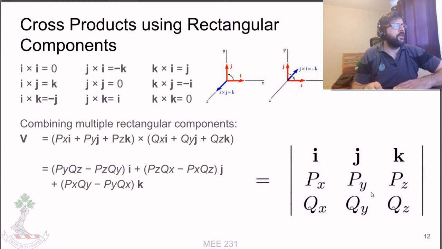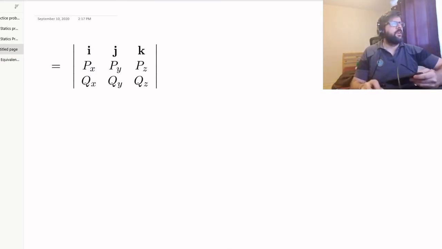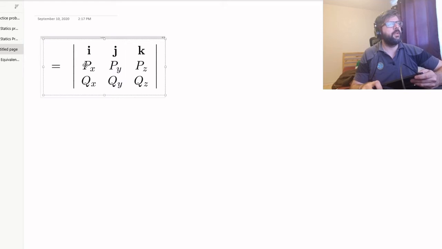We can do that by taking the determinant of this little matrix here. So if you arrange the i, j, and k components of the two vectors that you're taking the cross product of like this, keeping in mind that the order matters here, this one is going to be P cross Q, so we put the P in the second row there.